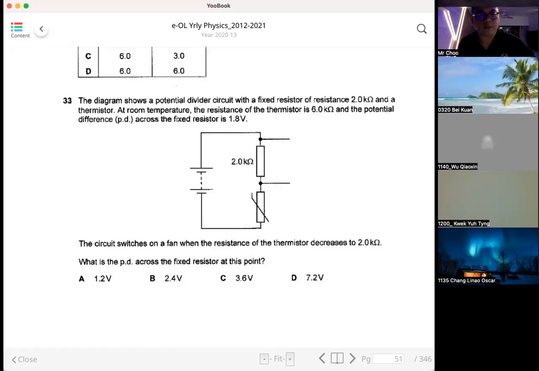Hey, how did Ryan just disappear? Never give the answer yet. Pei Kwan, incorrect. Try again.